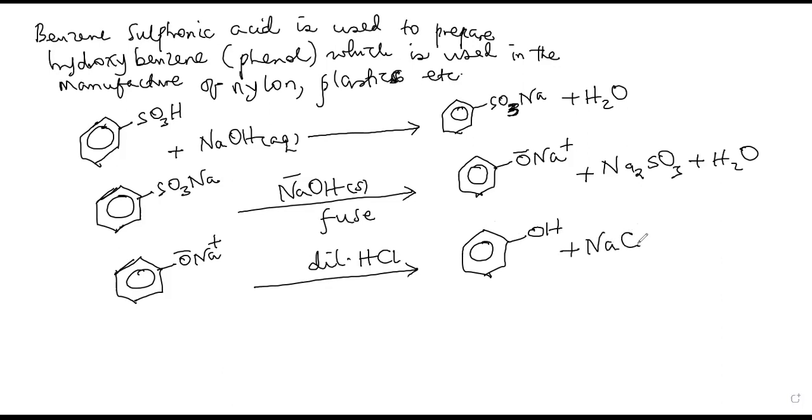So we shall form phenol and sodium chloride, whereby this H will appear here and the sodium will combine with the chloride to form sodium chloride. So as simple as this, benzene sulfonic acid, you can use it in obtaining phenol, meaning that by the time we reach phenols in our discussions, you should at least be able to retrieve and remember how we obtained phenol using benzene sulfonic acid.